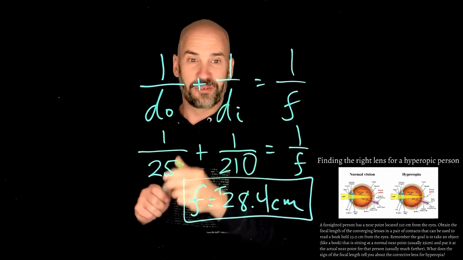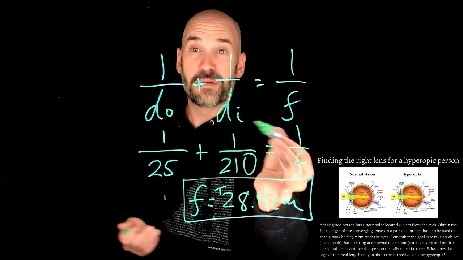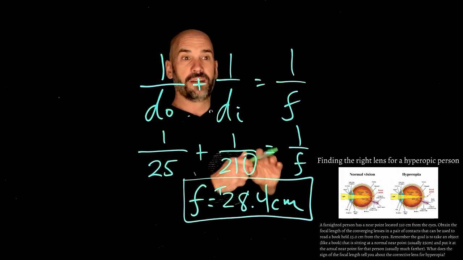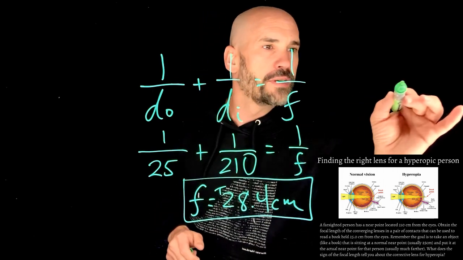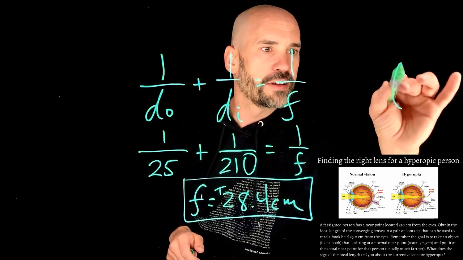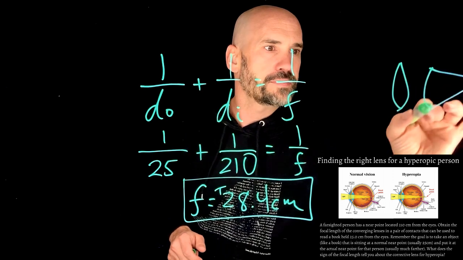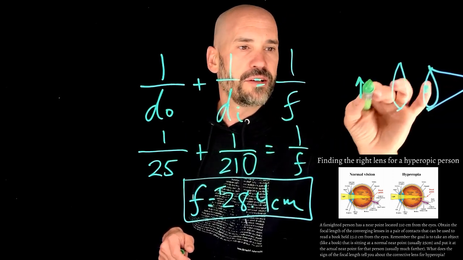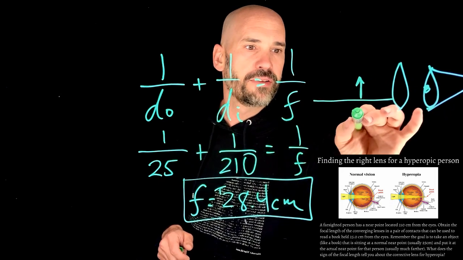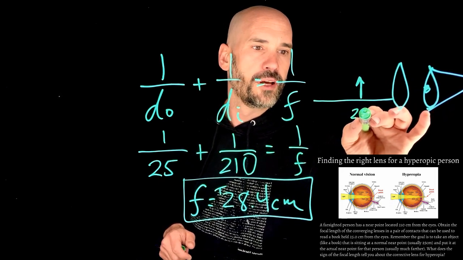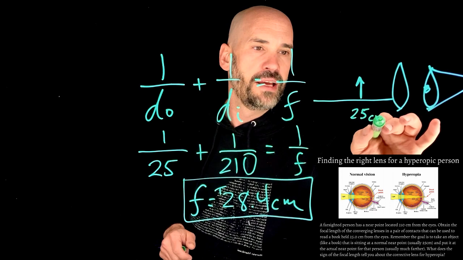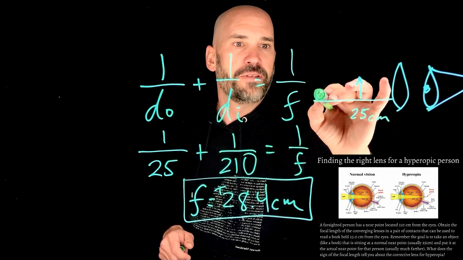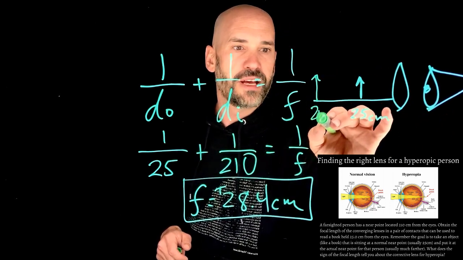By the way, one thing I forgot, the image is going to be virtual again because it's forming on the same side. So again, here's our corrective lens. Here's my eyeball, right? I have an object that's at 25 centimeters. And I want my image to be formed over here at 210.